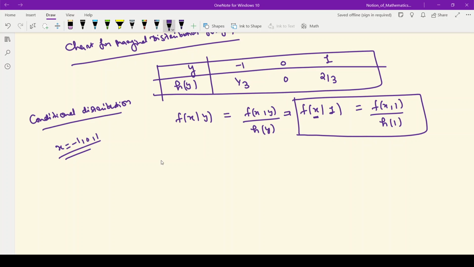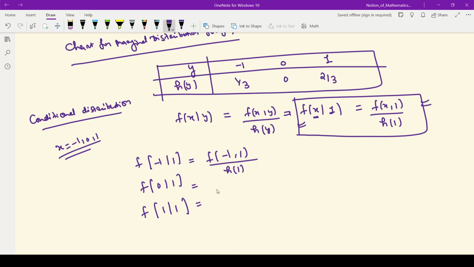So I will get f(-1 given 1), then f(0 given 1), then f(1 given 1). From this formula it is f(-1,1) upon h of 1, f(0,1) upon h of 1, and f(1,1) upon h of 1.